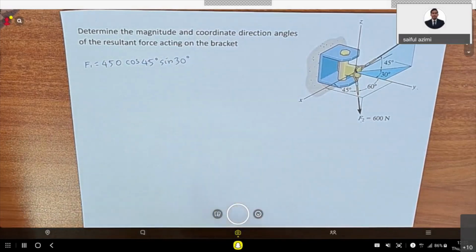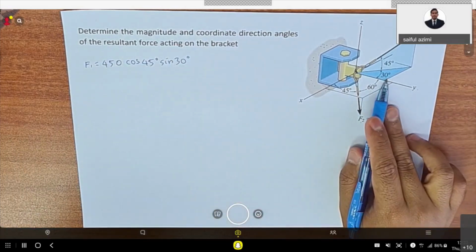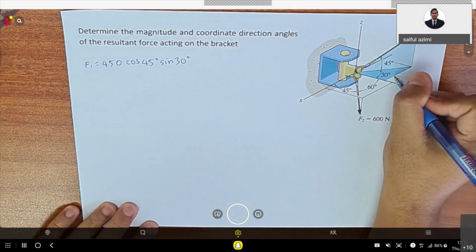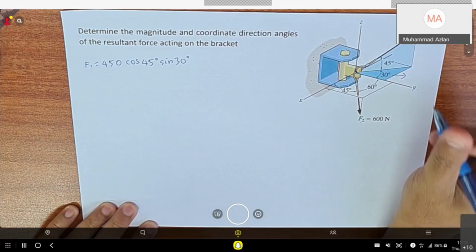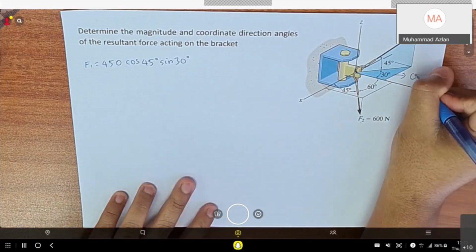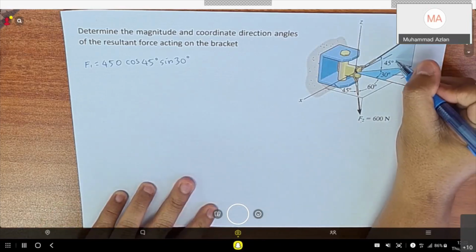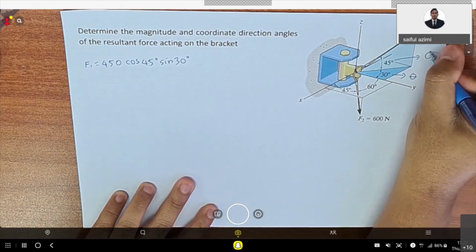You can refer to the formula that I already showed you. What is 30 degree actually? What does it represent? Theta or phi? Theta. Okay, 30 degree is theta, and 45 degree is phi.